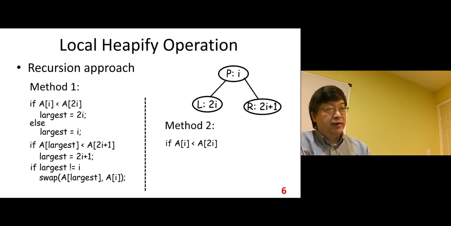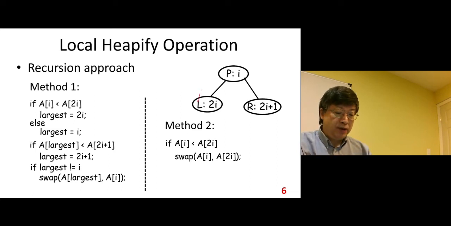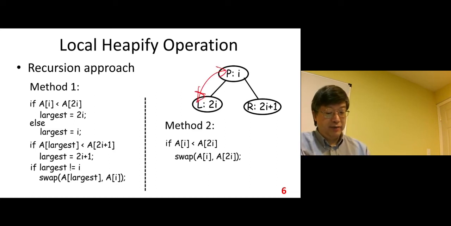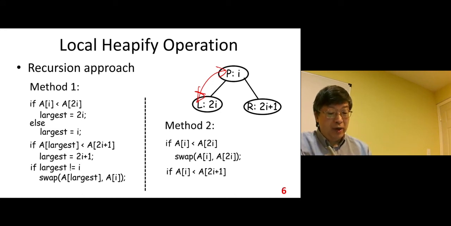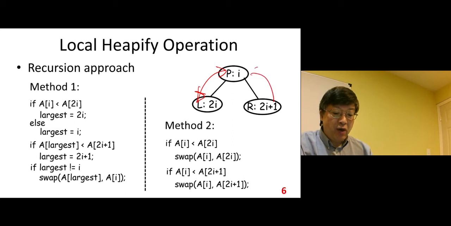If it is true, we detect a violation, so we swap A of i and A of 2i immediately. That's the first round. The second round, let's compare A of i and A of 2i plus 1. If A of i is less than A of 2i plus 1, we make another swap operation.